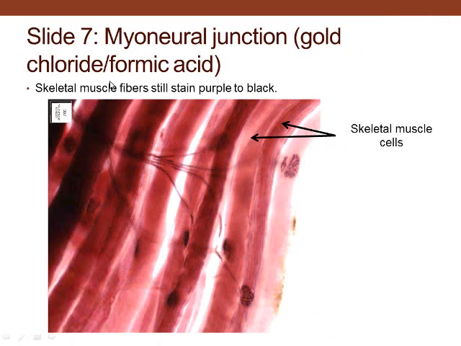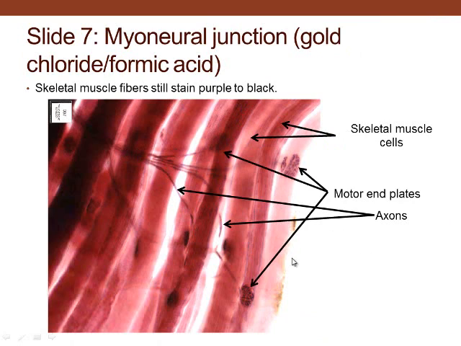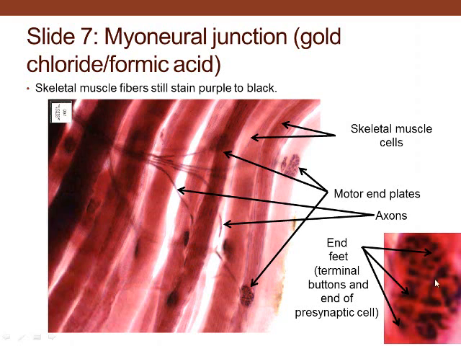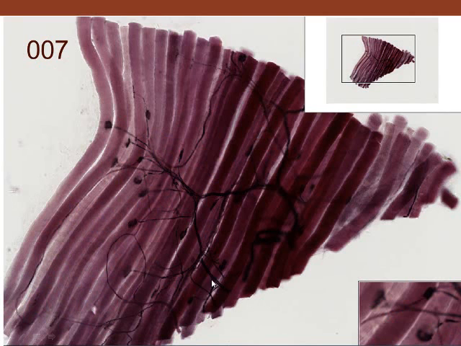So our last slide shows you the myoneural junction, and this is where we see some axons coming down, and then so these are muscle cells, these are the axons, and these are the motor end plates. So these are the motor end plates that interact with these muscle cells to tell them to get going, and we see the end feet at the very end of these structures.